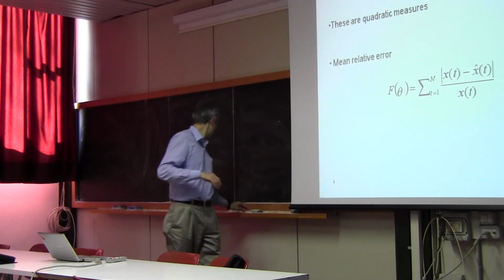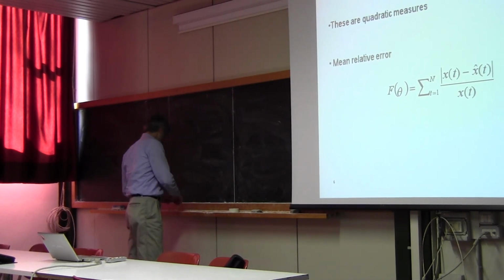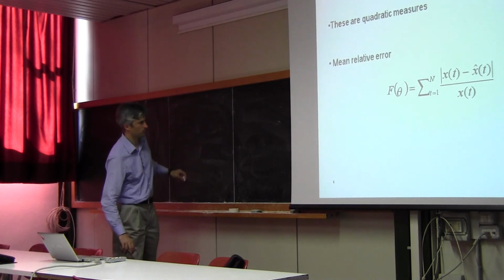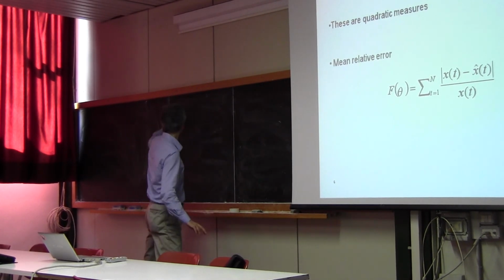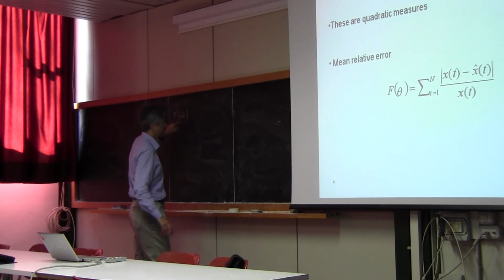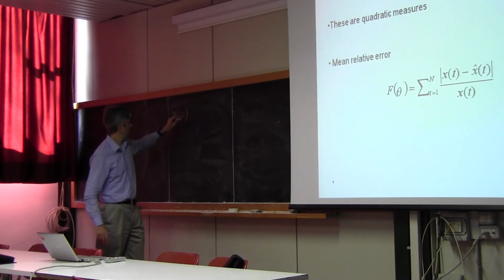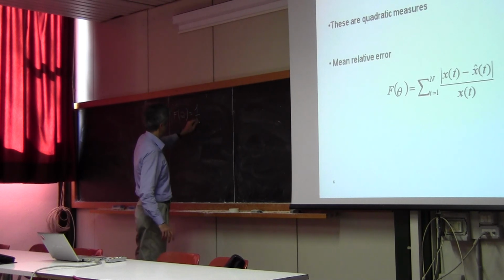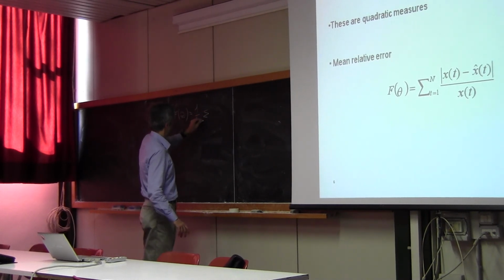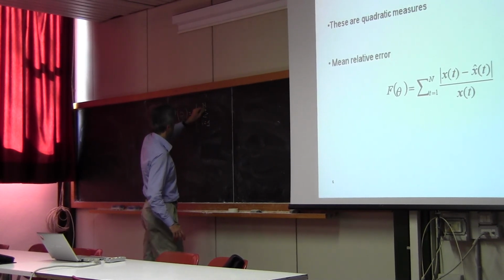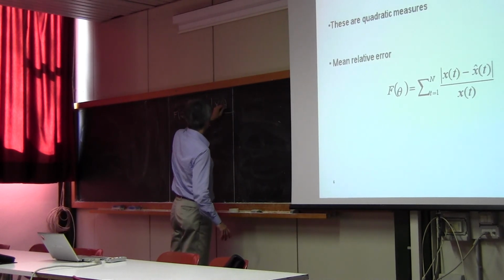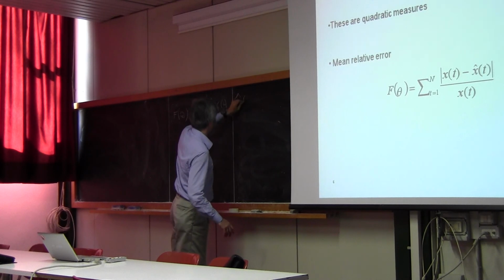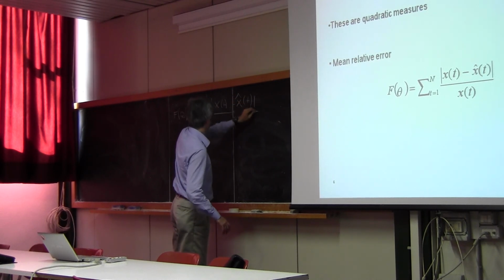So getting this relationship: F of theta, where theta is, I remind you, the parameter vector of the model, equals 1 over n, summation from i equal 1 to n of the absolute value of xt minus simulated xt, divided by xt.